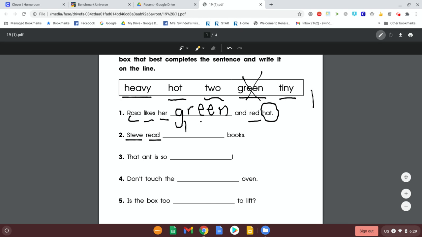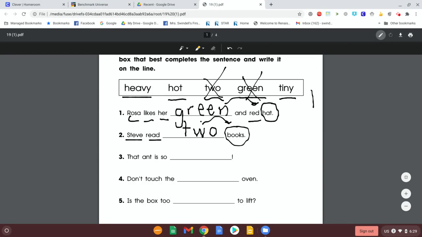So the adjective here would be 2. It tells how many books he read. It describes the word books. Books is a noun, and 2 is an adjective. 2 is describing books. Green is describing hats. Okay, let's cross out 2.